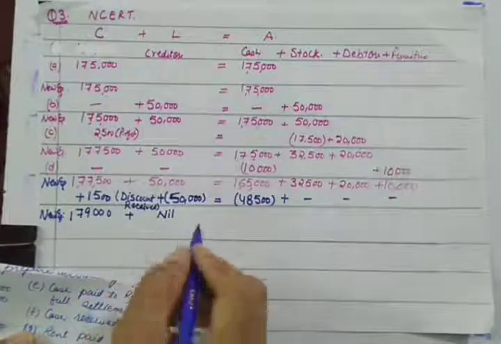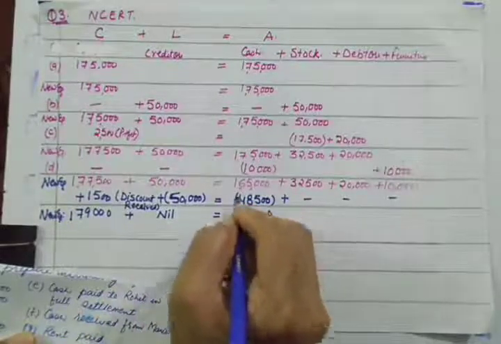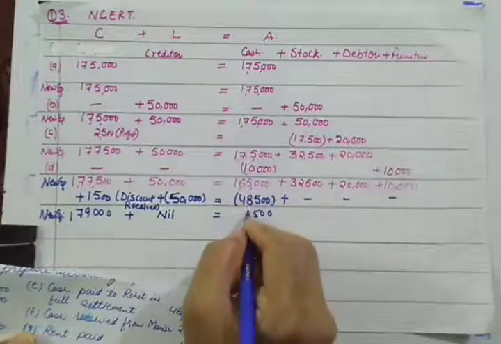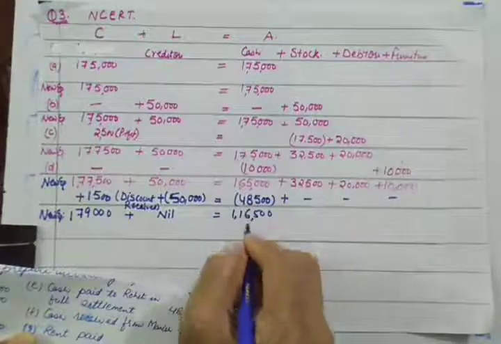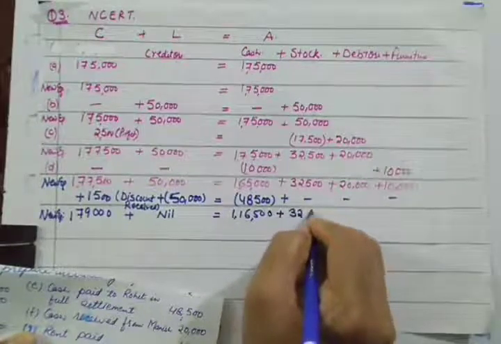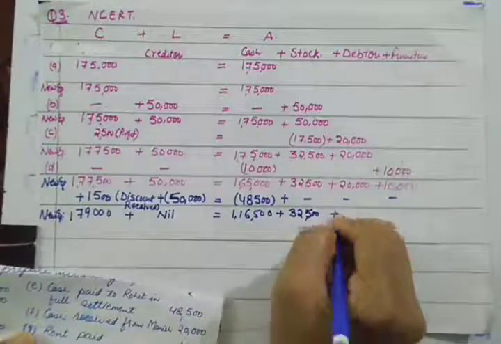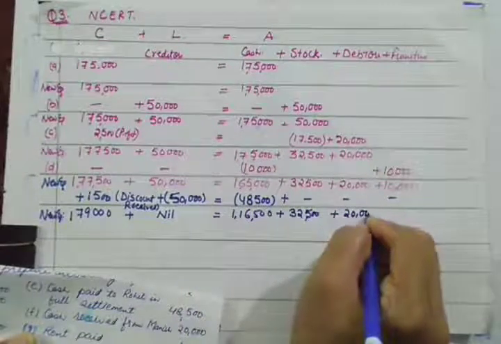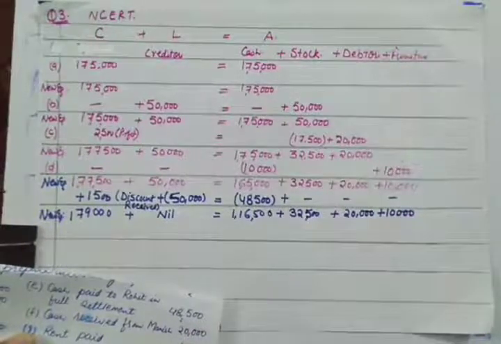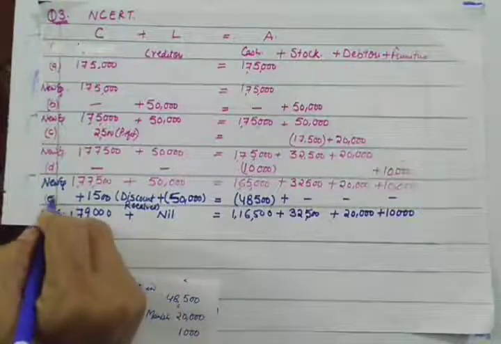This will become 0 or nil, and here it will reduce, then 1,16,500 plus as it is plus 20,000 plus 10,000. Now this was the impact of transaction number E.